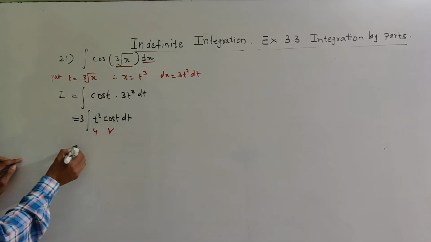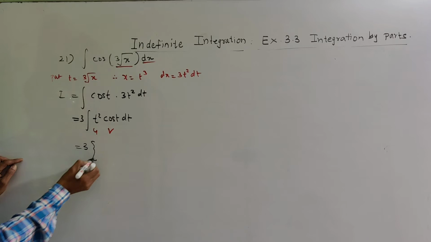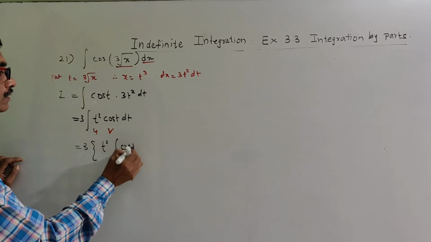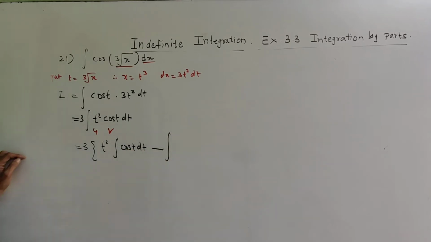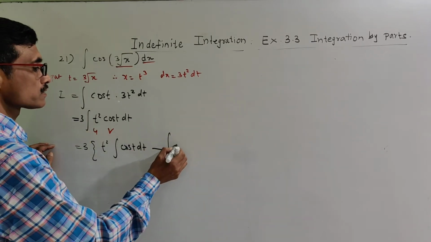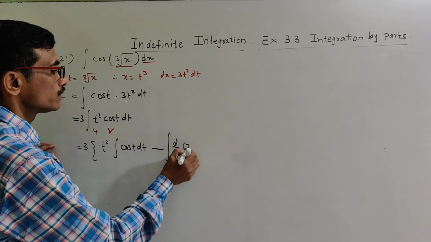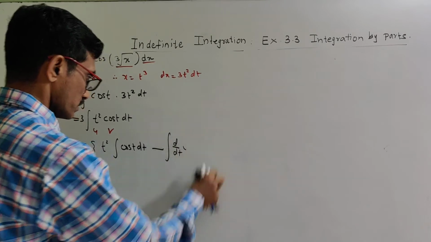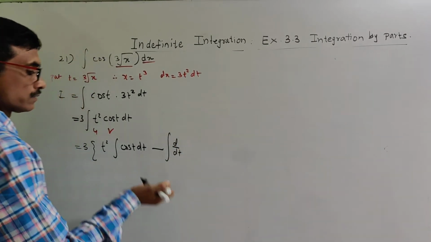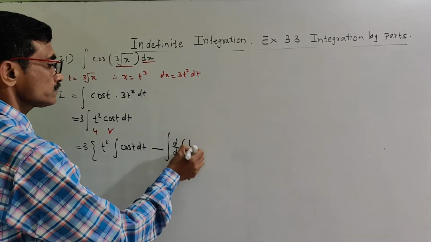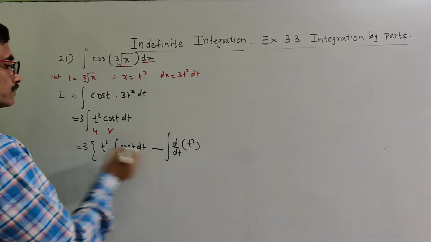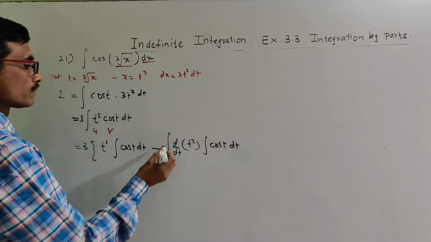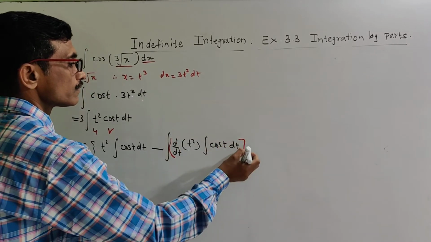Integrate it by parts, 3 as it is, integration of u, t square, integral of cos t dt, minus integral of derivative of u, that is d dt of t square, and integration of cos t dt, whole dt.